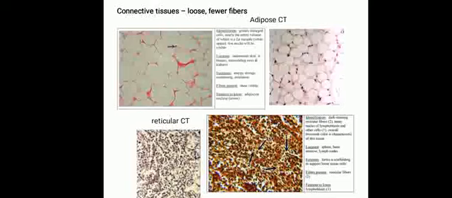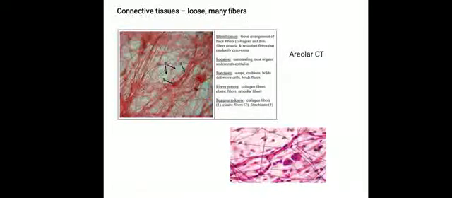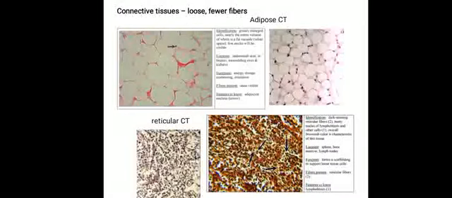We have reticular connective tissue, which is the third, after the first one, areolar, and then adipose connective tissue. The locations where you can find reticular connective tissue are the spleen, bone marrow, and lymph nodes.